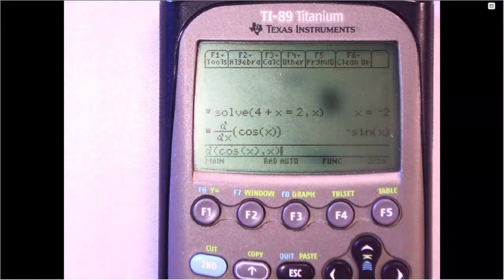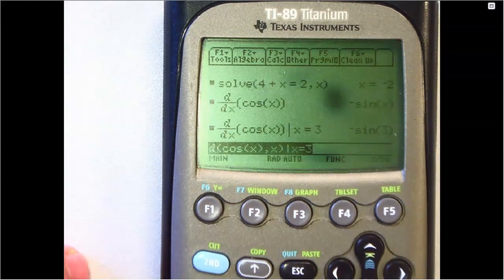But now you're going to evaluate at x equals 3. So you put that vertical line, telling it to do this, and then you type in x equals 3. Mine's set to exact, so it's not going to give you the decimal, but that's how you would do it.